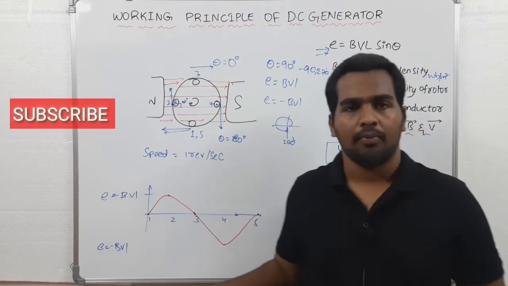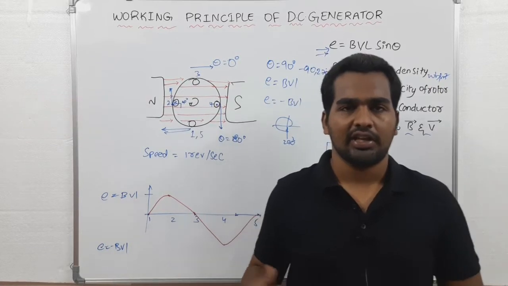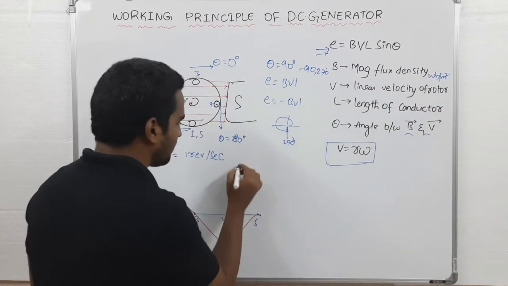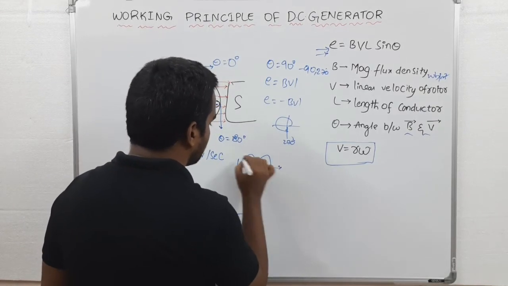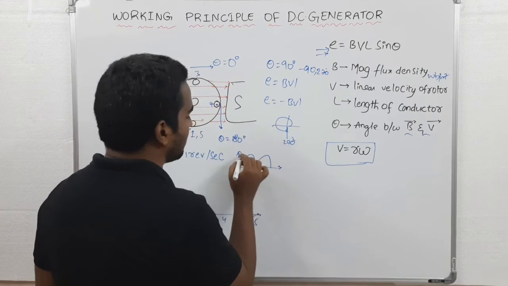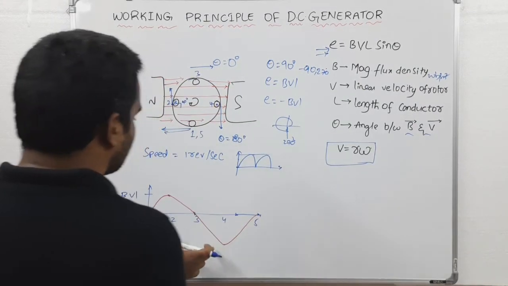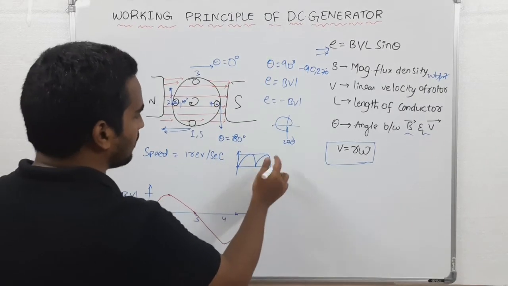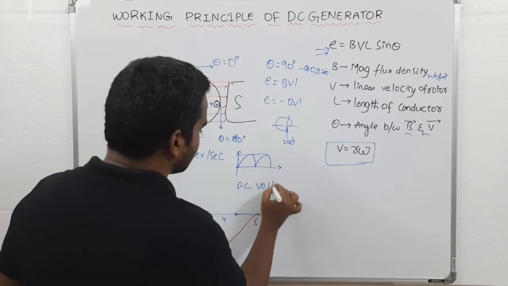But by using a commutator and brush system, this alternating EMF is converted into DC value. The commutator and brush system will work as a rectifier, and the output value is DC voltage.